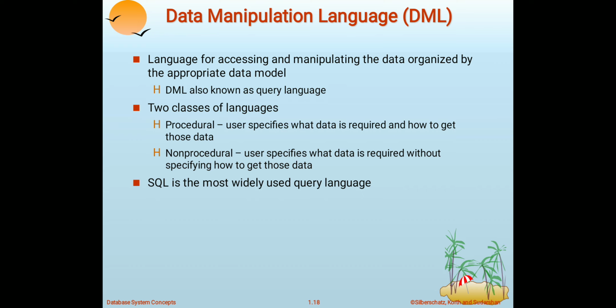We can say procedural means the step-by-step process we are involved in to get those data to be seen as output, but in non-procedural we get the output result without knowledge of how, only the result.